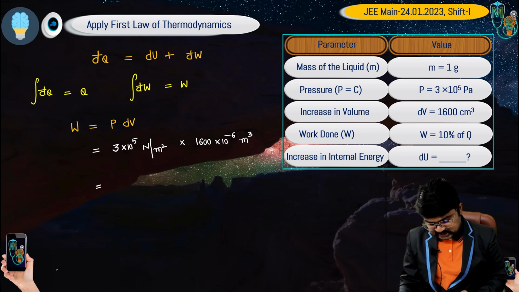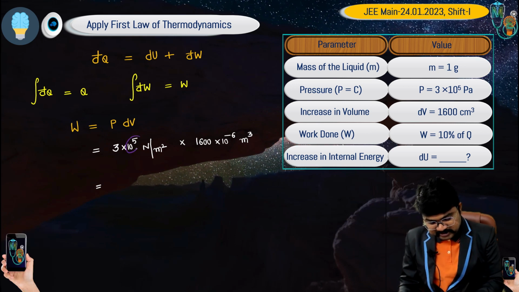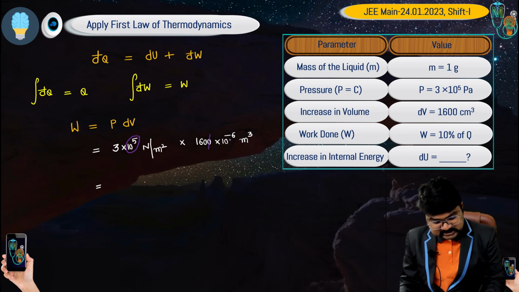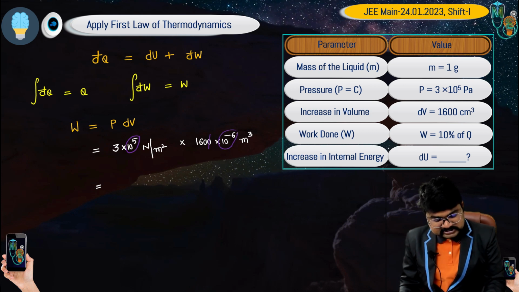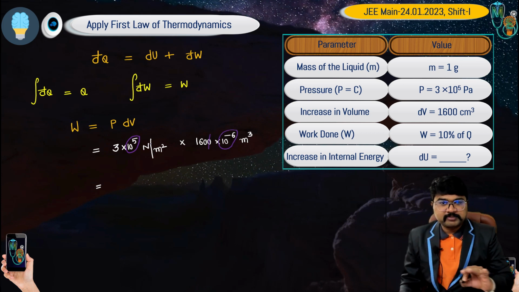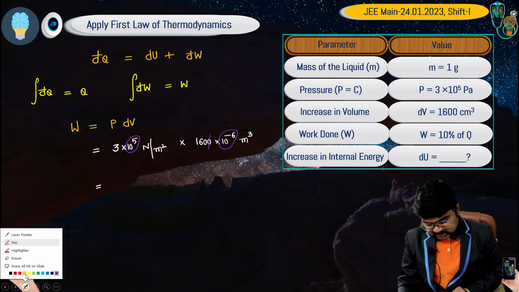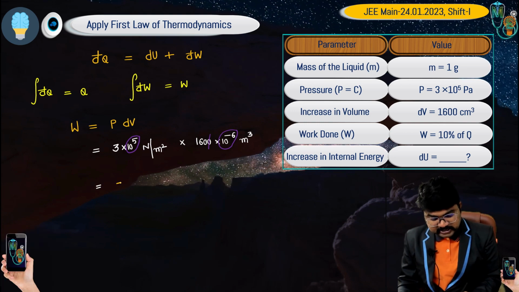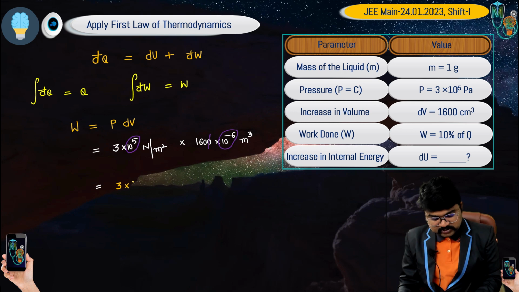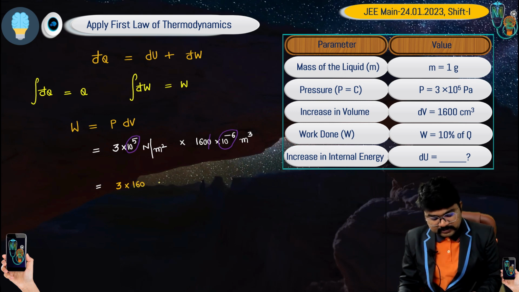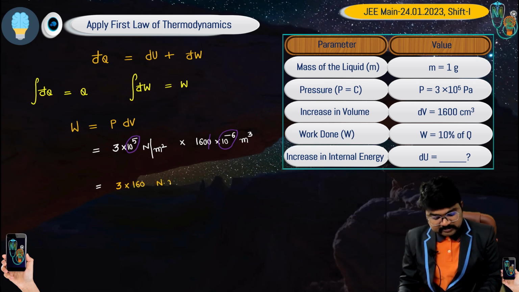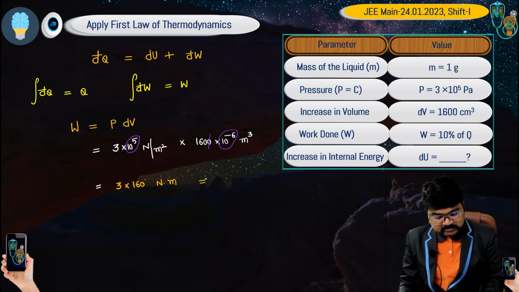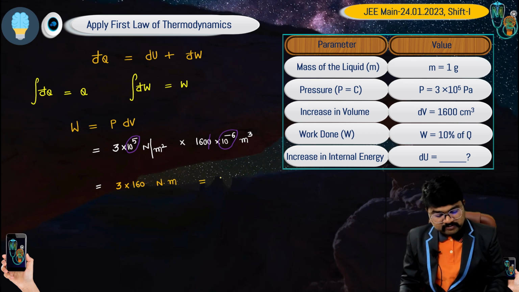Here you can cancel 10 power 5 and 10 power 6. Understood now? So now 3 into 16, that is 48 Newton meter.